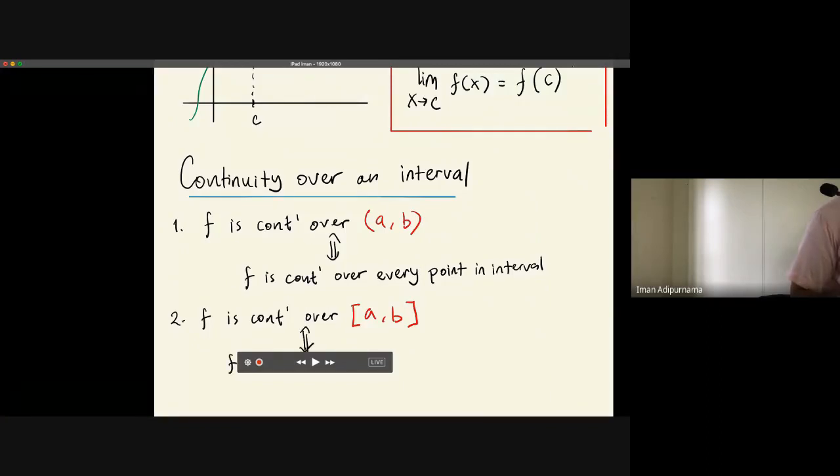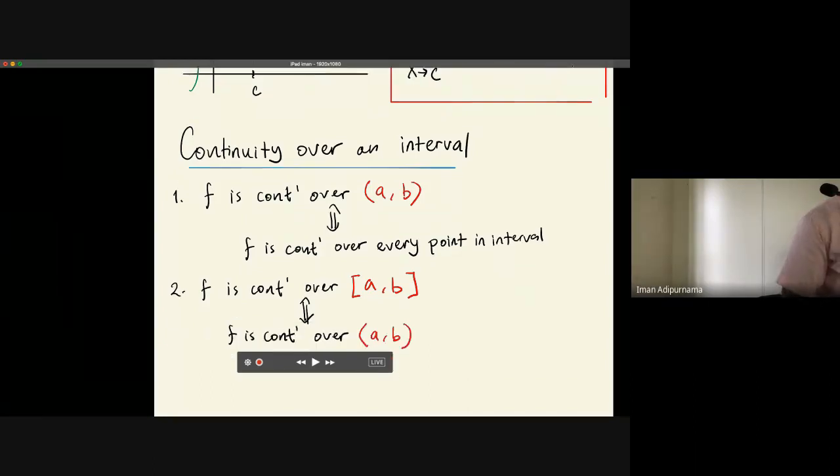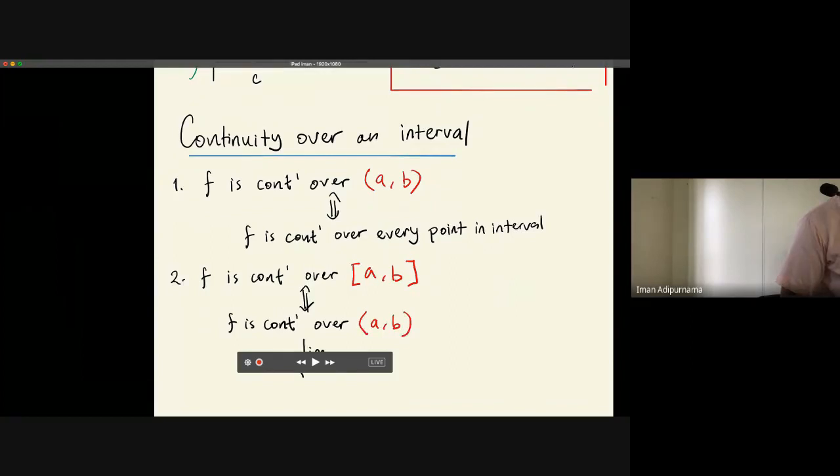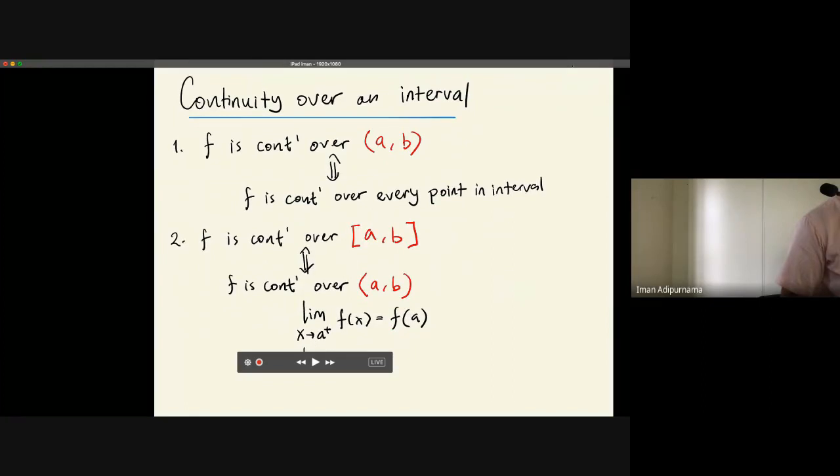So f is continuous over (a, b) open, but you need to prove that the limit from the right at a is f(a), and the limit from the left at b is f(b), because it's from inside to outside.